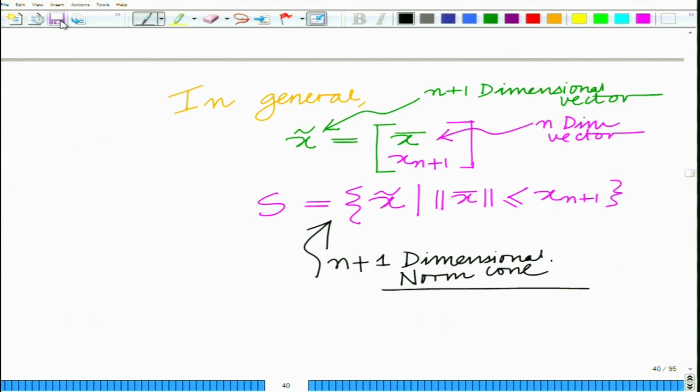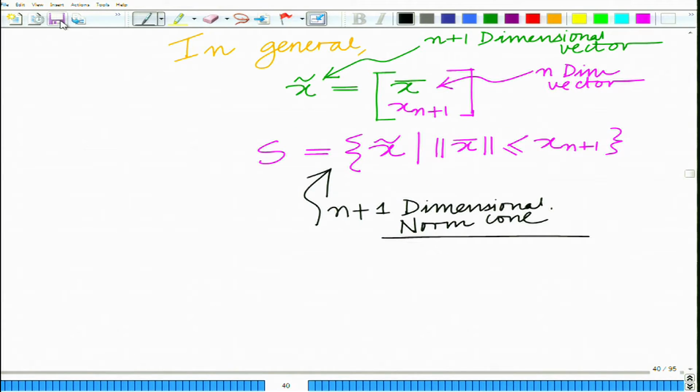That is a convex region, and the relevance to us is that this is a convex region. It is a fairly important class of convex regions. It is very interesting. It is a more sophisticated convex region.